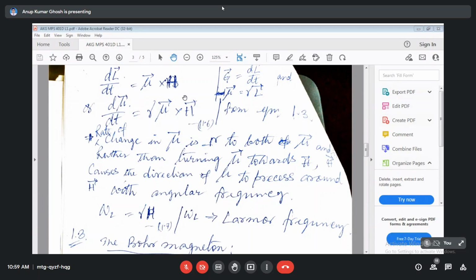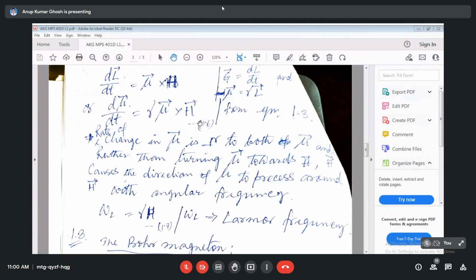Instead, it is a cross product of mu and H, so the direction will be perpendicular to both mu and H.